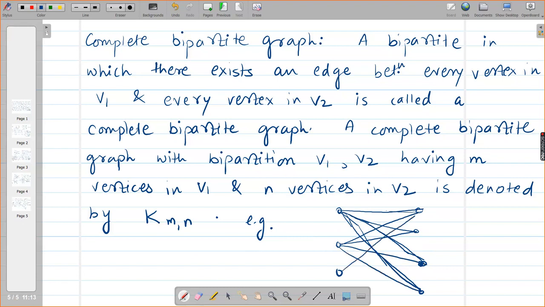So every vertex from this portion is adjacent with this. So the notation is K3,4. Okay, K3,4.